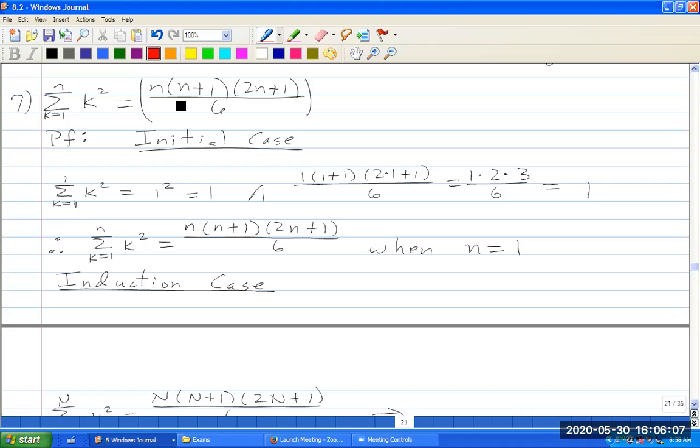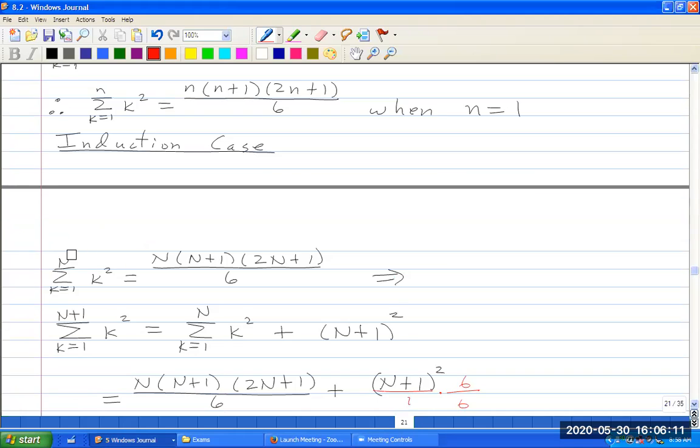Let's suppose that this formula is true when little n is equal to capital N. I then want to show that this formula is true when I replace capital N by capital N plus 1.